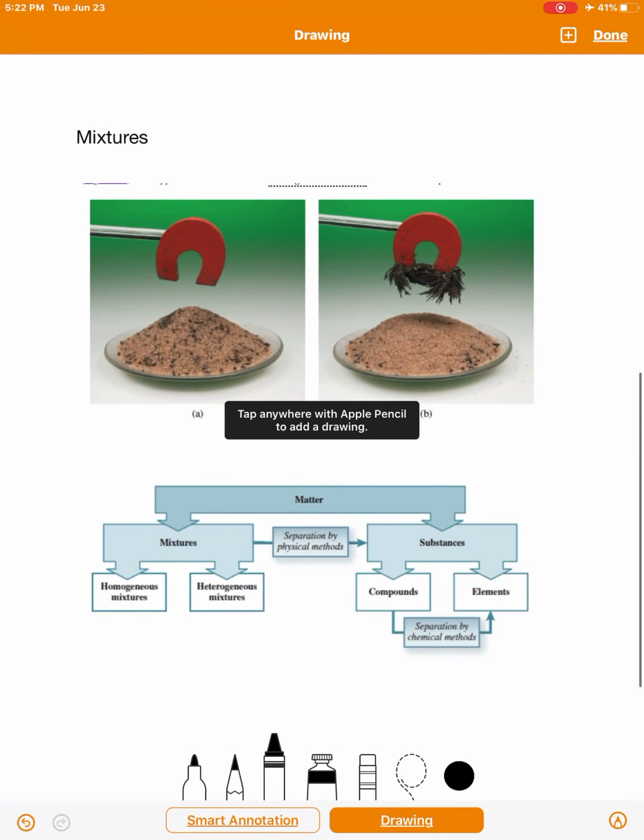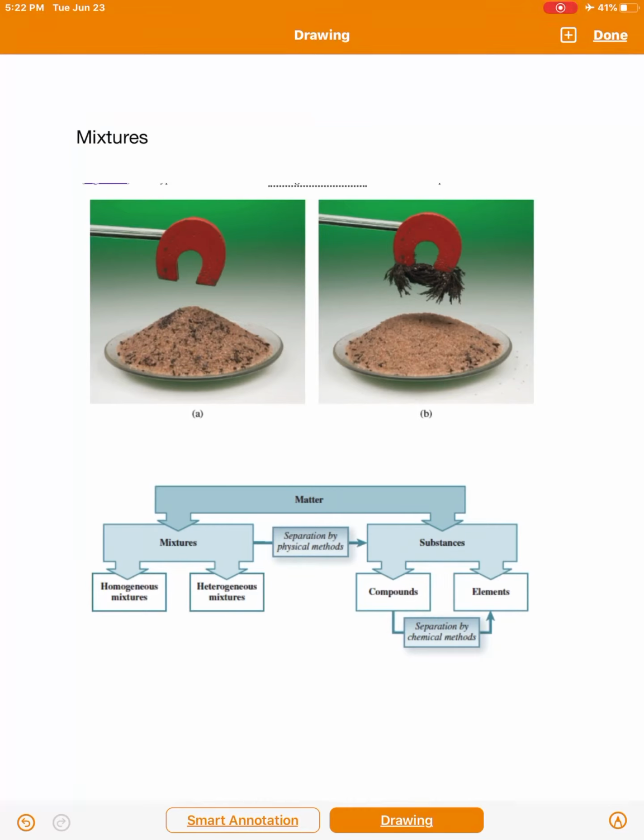Now, a more complicated situation is what we call mixtures. So mixtures are combinations of substances. In this figure here, there are 2 figures shown, one with a magnet before and after there's a separation taking place. Notice what the magnet is doing. It's pulling iron filings out of the sand. This is a mixture. A mixture has two or more substances.